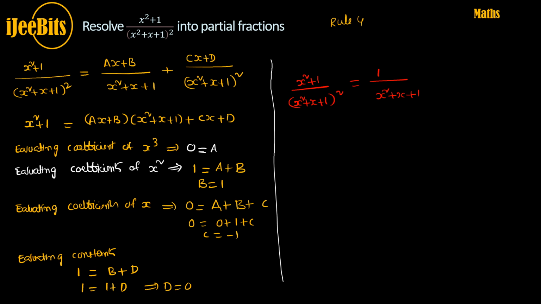Minus 1x, and d is 0, so minus x only over x square plus x plus 1 whole square. If you want to move this minus to the front, you can still do that. So this would be your partial fractions.